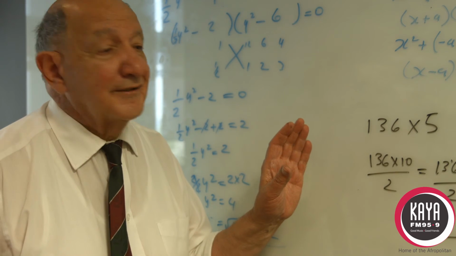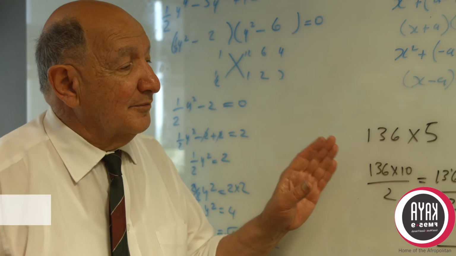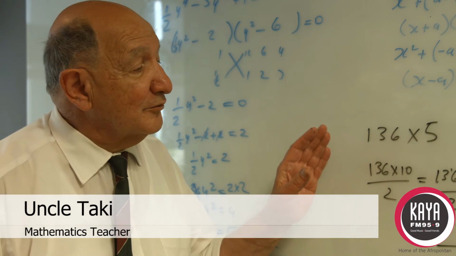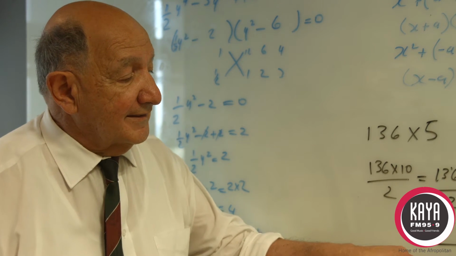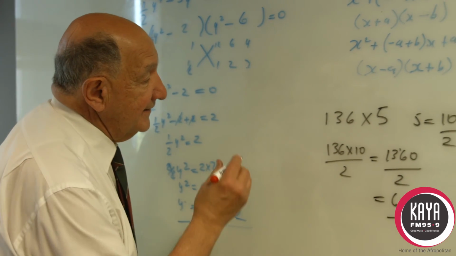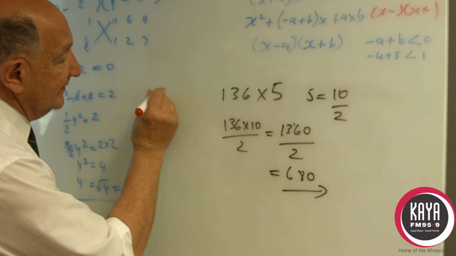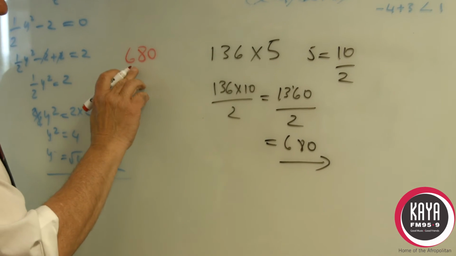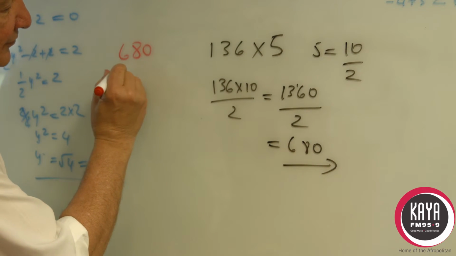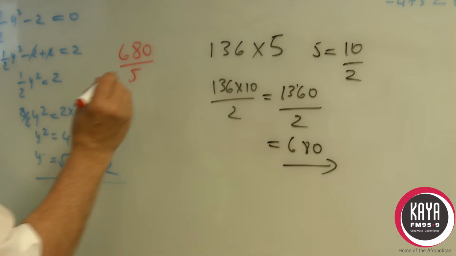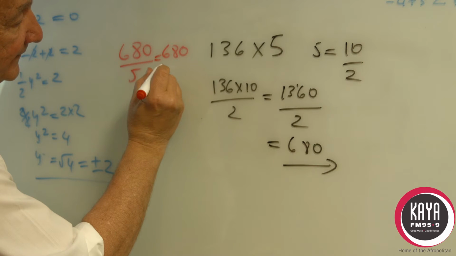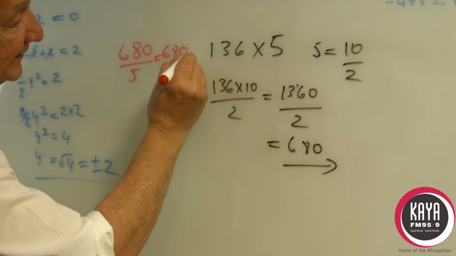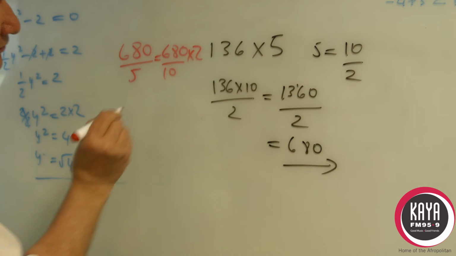Let us look at the reverse of multiplying by 5, or the inverse, which is the division by 5. So let us take our answer of 680. Division by 5 is the same as 680 divided by 10 times 2.